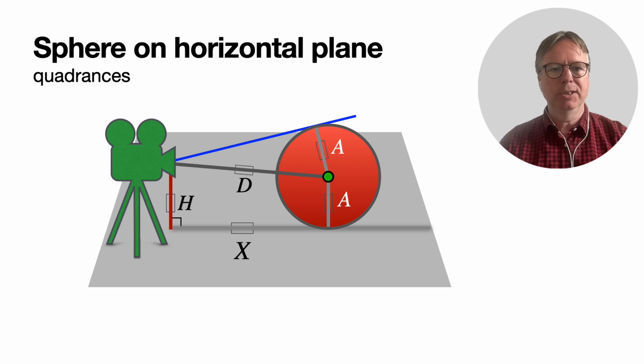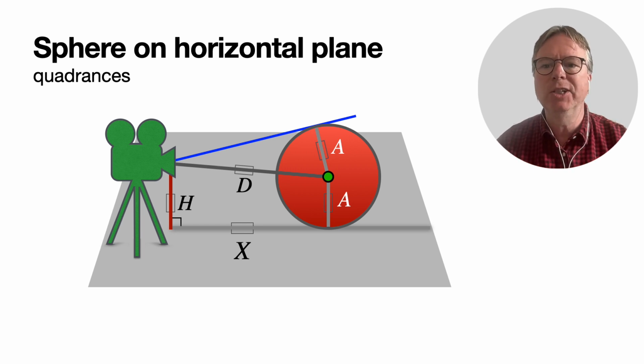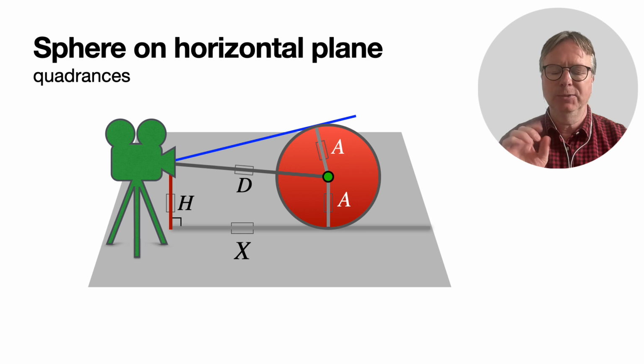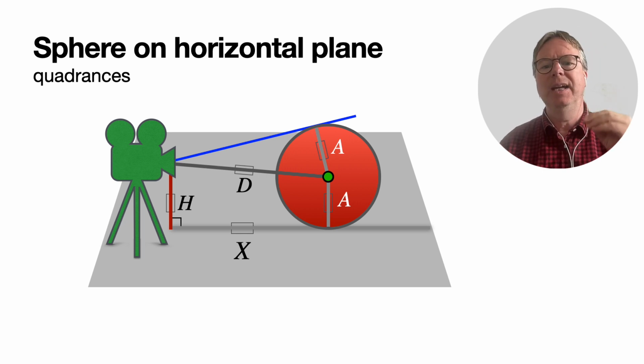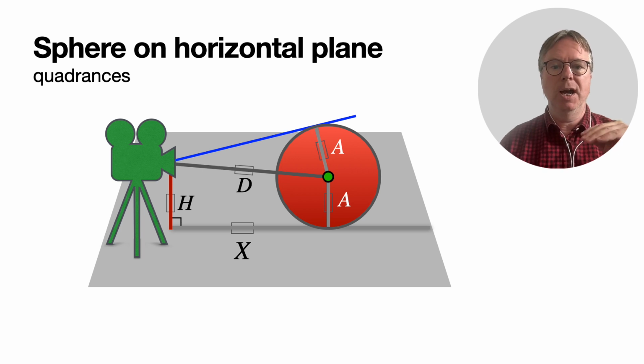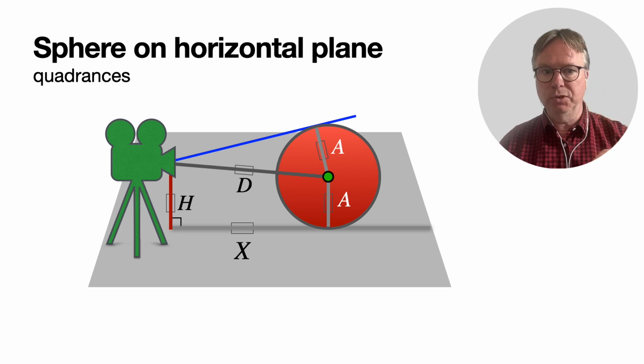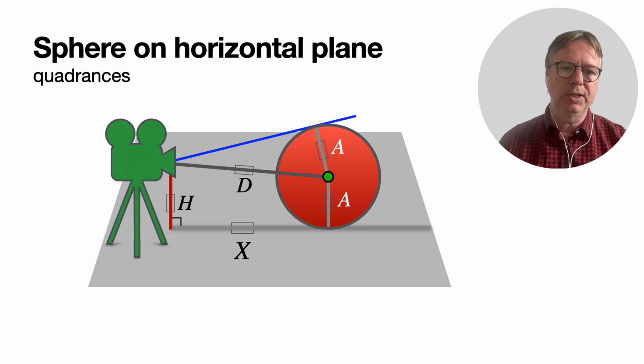And let's see what we know, or what kind of quadrances are in this configuration. Well, we have h for the height, A for the radius of the sphere, but also for the height of the center of the sphere from the ground plane, from the horizontal plane. Then we have D, which is the distance between the viewpoint and the center of the sphere.